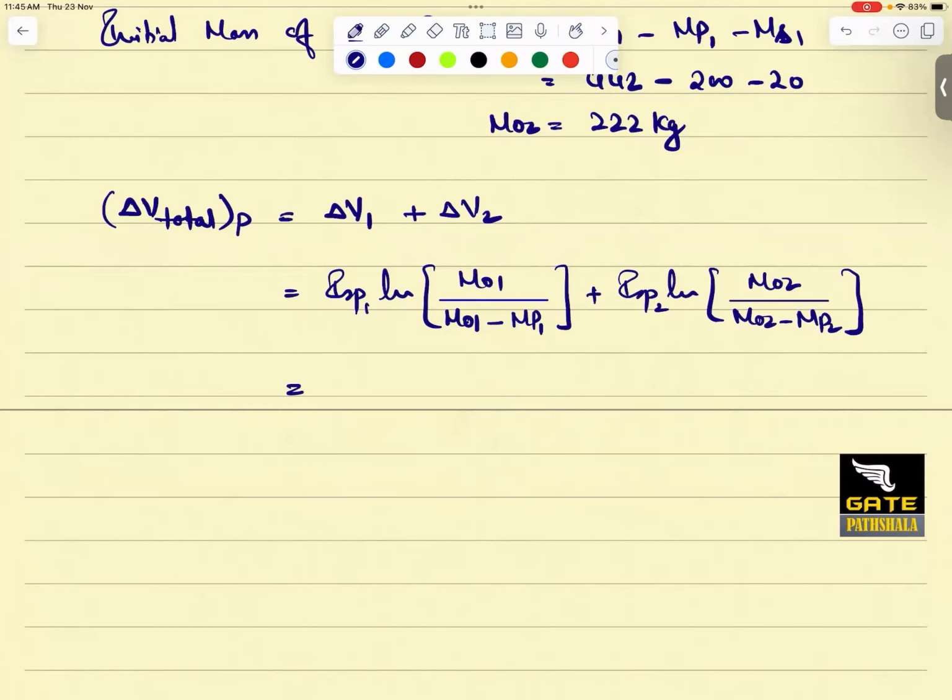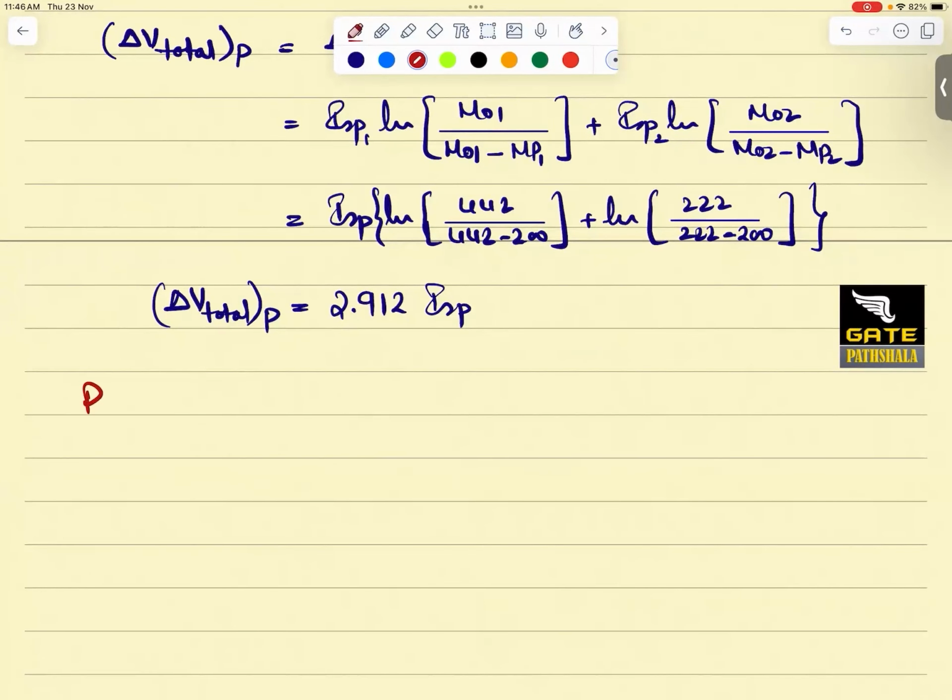Did they give the ISP values per stage? It is the same. So you just calculate ISP into ln of 442 by (442 minus 200) plus ISP, already taken common, ln of M02, which is 222 by (222 minus 200).